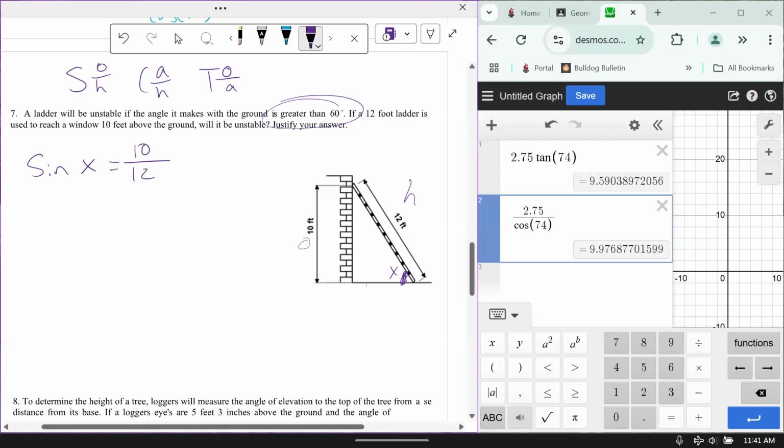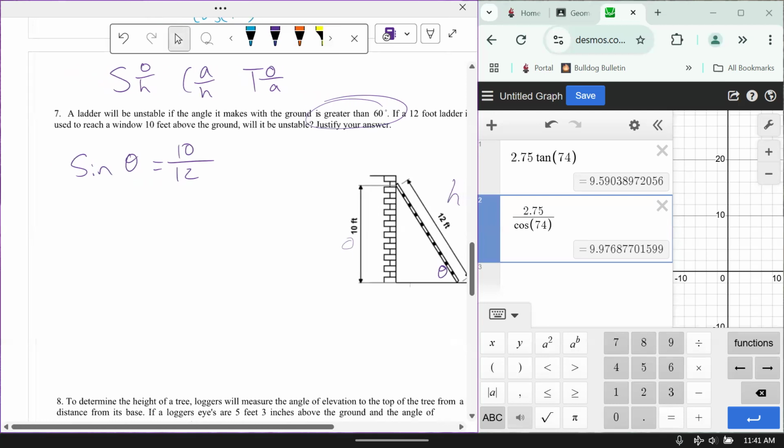Again, if we are solving for angles, okay, this is an angle, we could have also plugged it in and said this is theta. If we are solving for theta, our angle, we are going to use the inverse function. We are going to apply the inverse of sine to both sides.